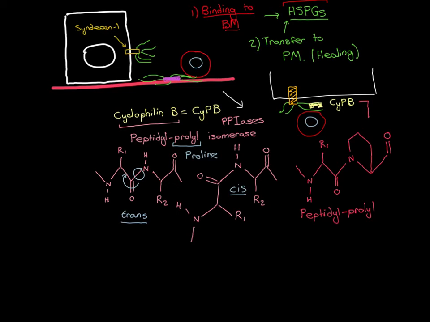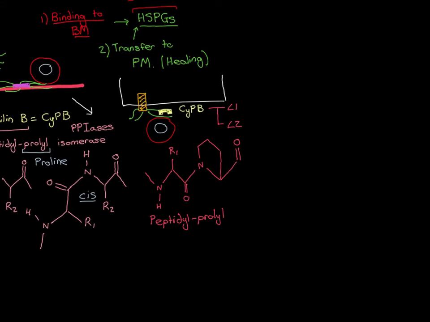So the next part of this story is that L1 and L2 proteins in the capsid are going to undergo conformational changes facilitated or catalyzed by the enzyme cyclophilin B. So I'll just put this here: L1, L2, conformational change.